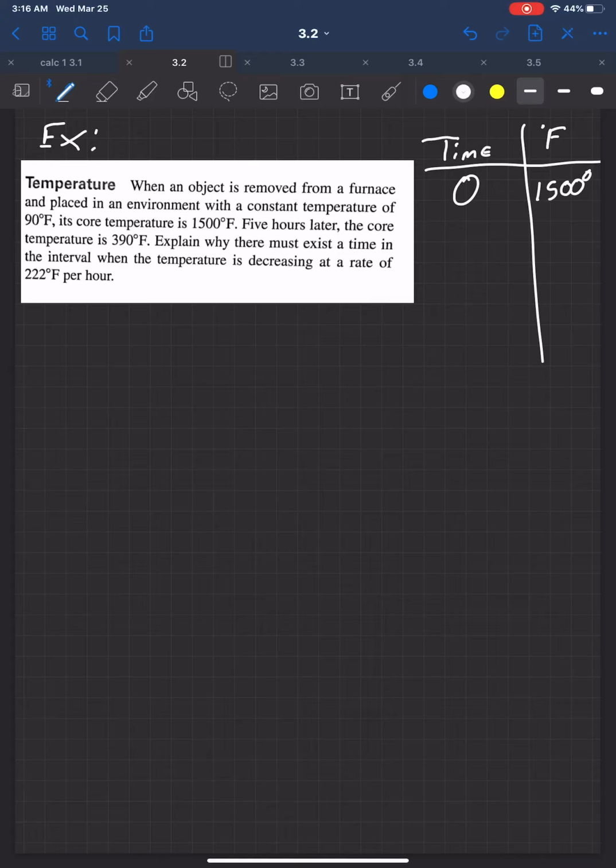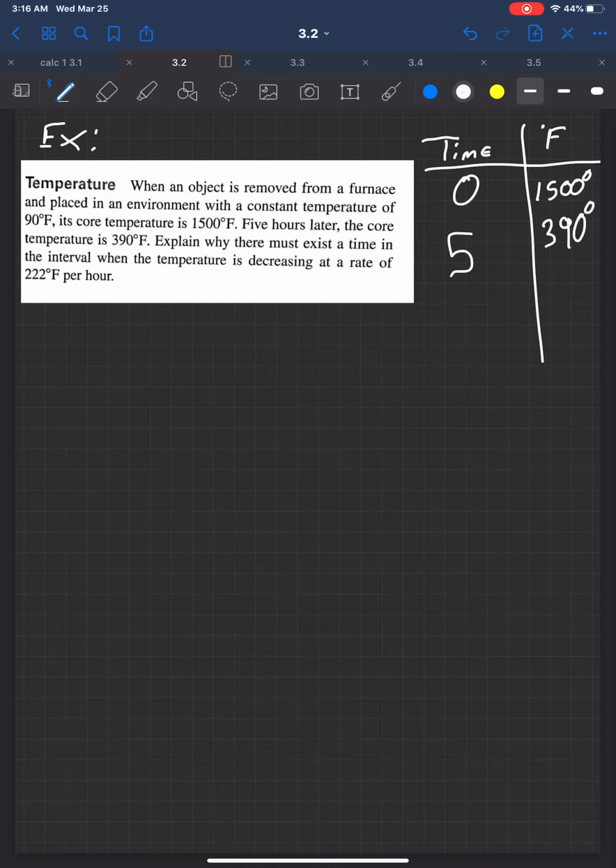Now you put it on a table, say, where the temperature in the room is 90 degrees. You come back 5 hours later, and you take the temperature of this object again, and now the temperature is 390 degrees Fahrenheit.